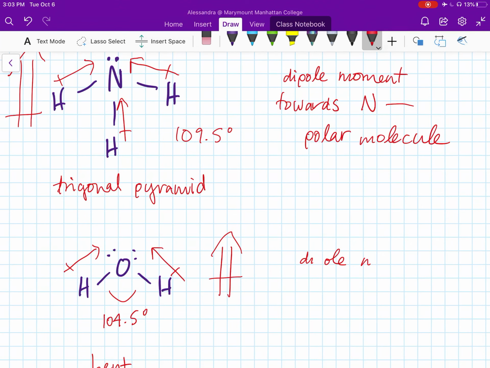So I definitely have both polar bonds and asymmetrical charge distribution in this example. So water is most certainly polar. Water is a polar molecule. Okay, so in order for a molecule to be polar, you must have both polar bonds in the molecule and an overall asymmetrical charge distribution due to its molecular geometry.